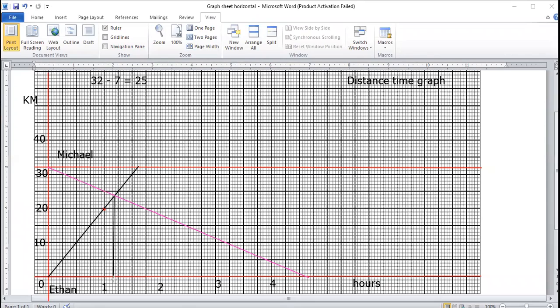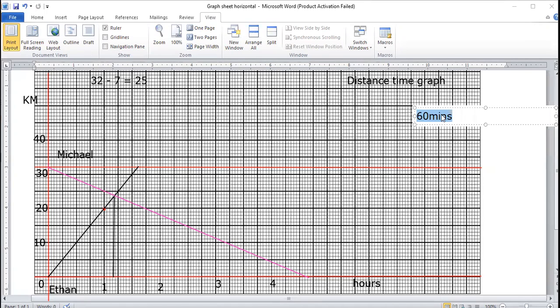So what will be the time over here? Right now, this is 1 hour. And from 1 hour to 2 hours, we have got 60 minutes over here.